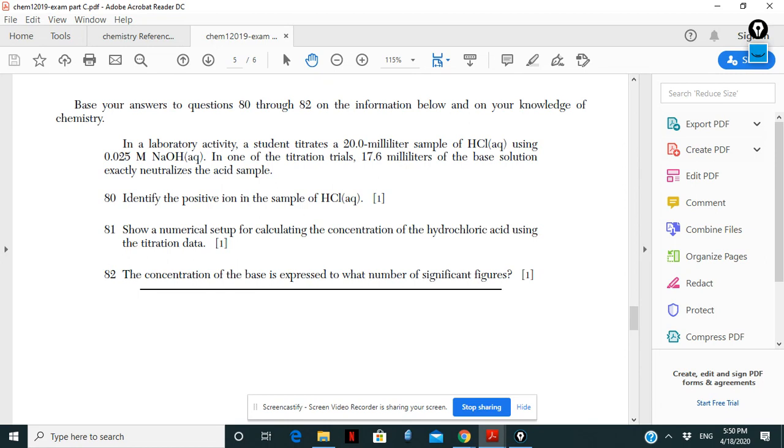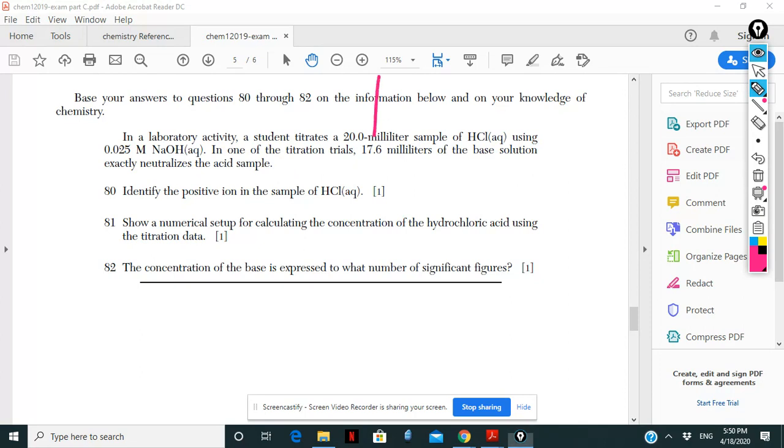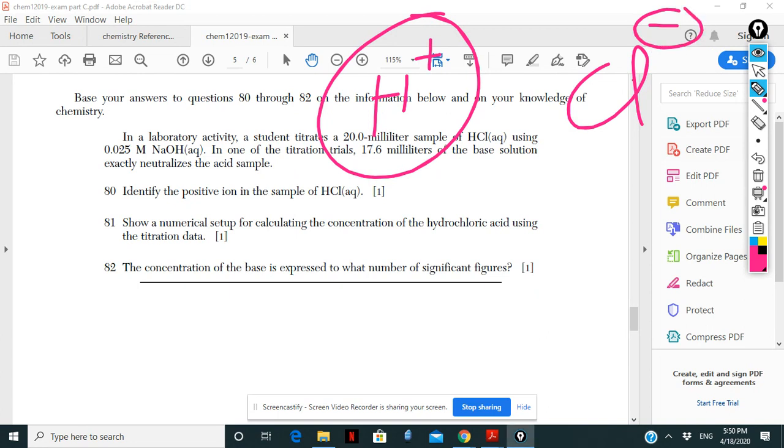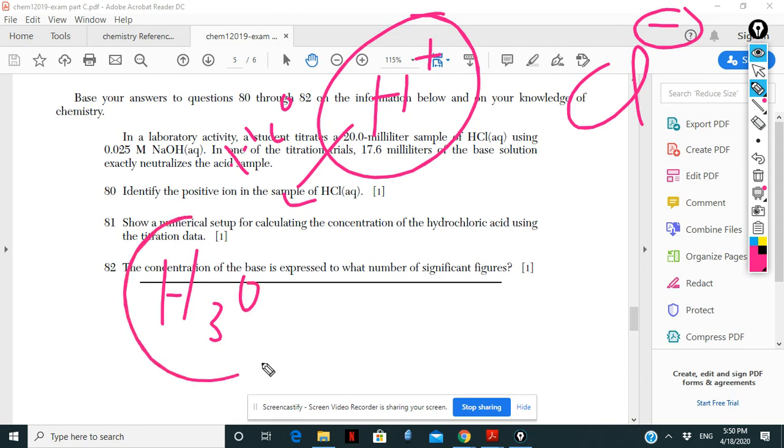Now, the question: identify the positive ion in hydrochloric acid. As we know, an acid means a proton donor, so the positive ion is the hydrogen ion. Also, the hydrogen ion dissolves in water, giving the hydronium ion. Both of them are correct. So if I write hydrogen ion or hydronium ion, both are correct.